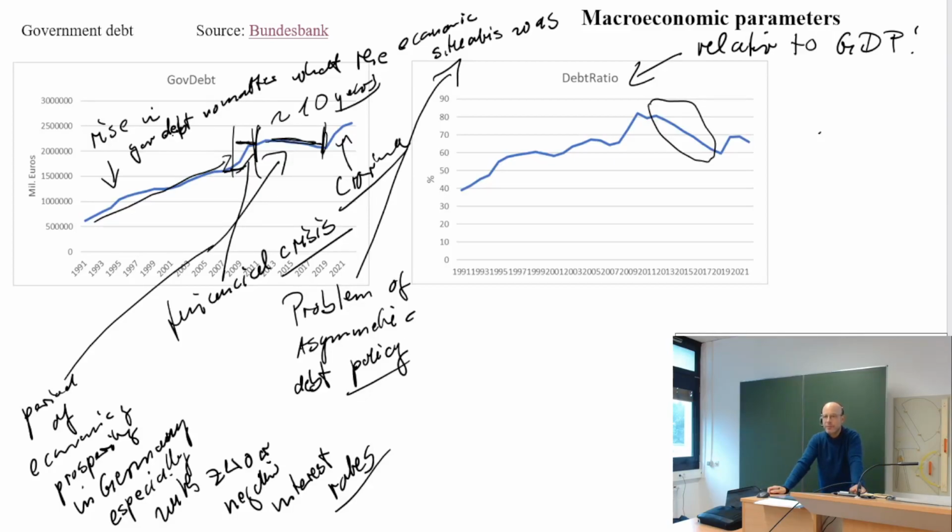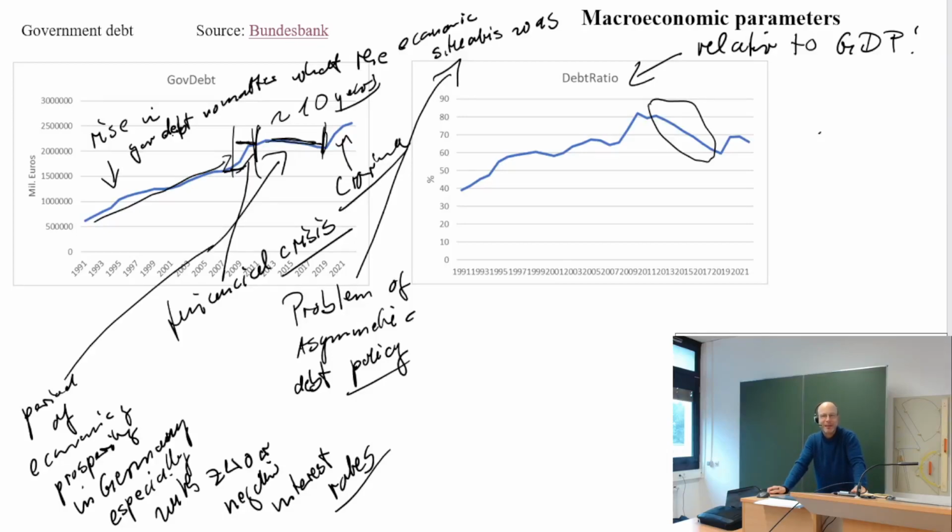This was a very special period for an industrial country. I don't know if somebody has a country like Switzerland. There could be a similar situation, but I don't know. You will find this, and Switzerland even had more negative interest rates during this time.